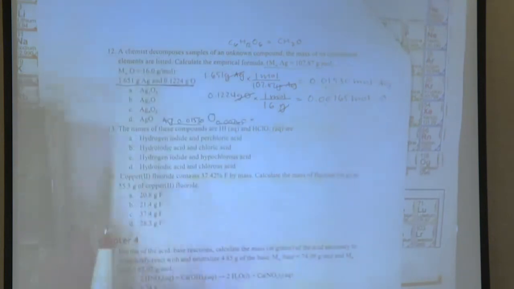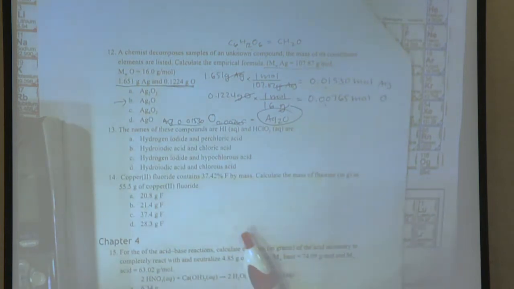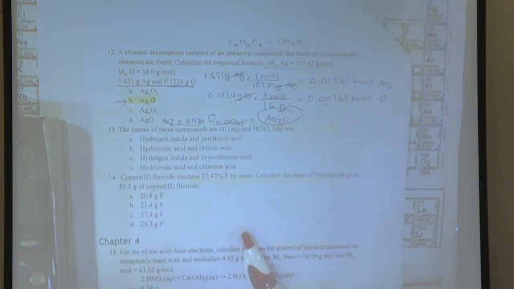When we divide 0.01530 by 0.00765, we get 2 exactly. So we're going to get Ag2O, which is B. So with empirical formulas, just get to the moles and then find their ratios.